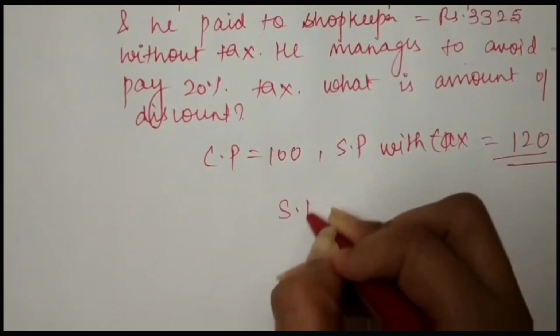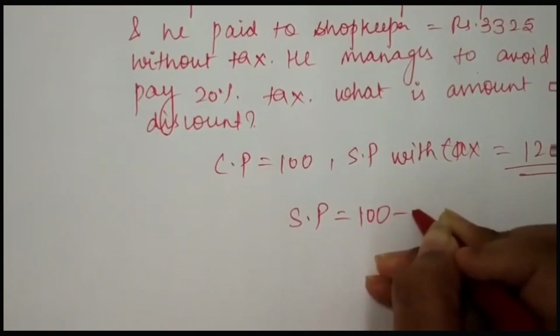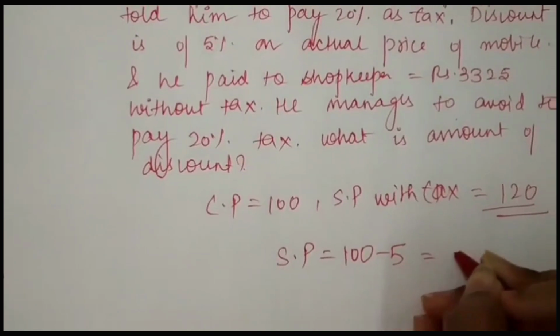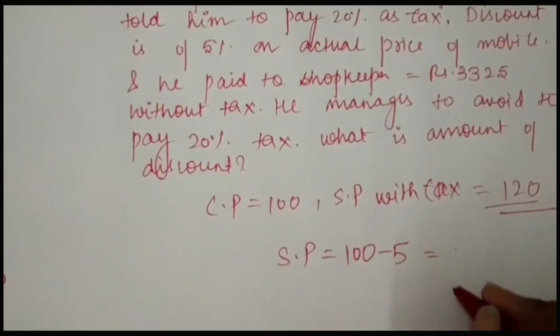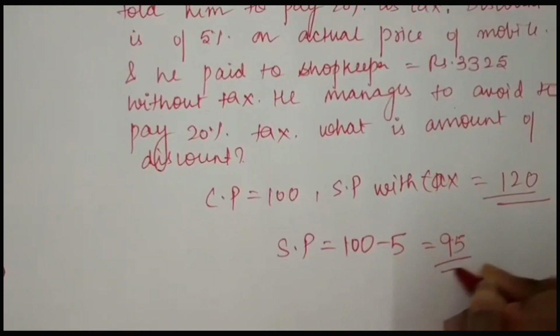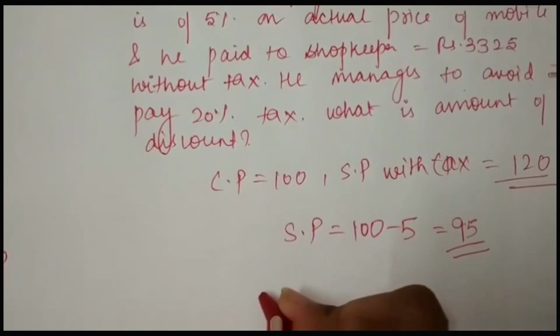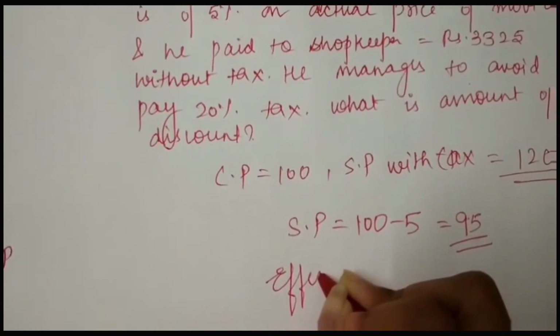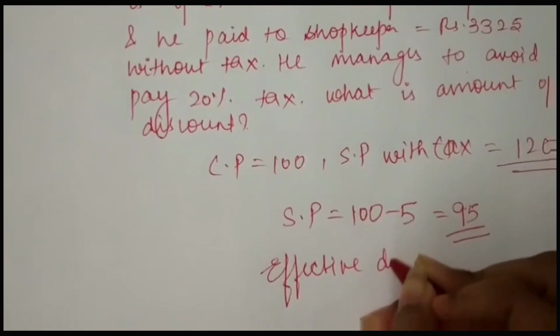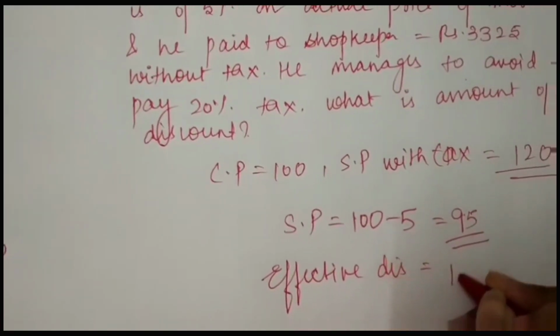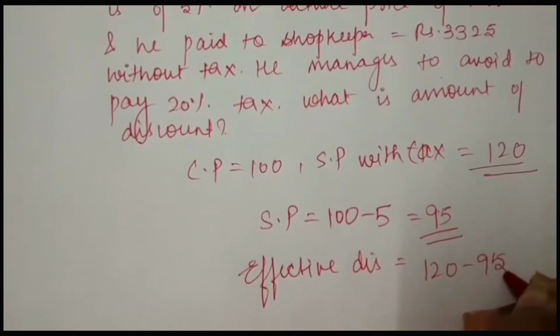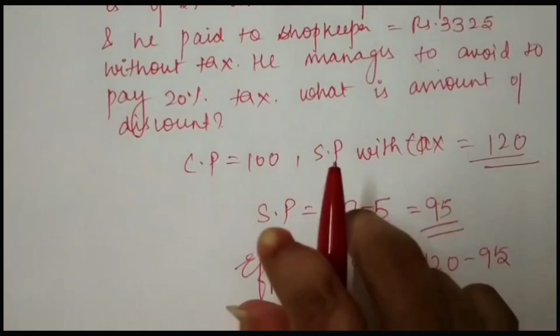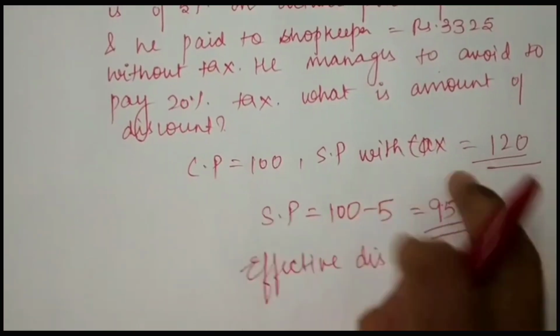So selling price is equal to 100 minus 5, that is 5% on the actual price of the mobile, then it will be 95, right? Then the effective discount can be 120 minus 95, this will be the selling price and this will be the cost price.